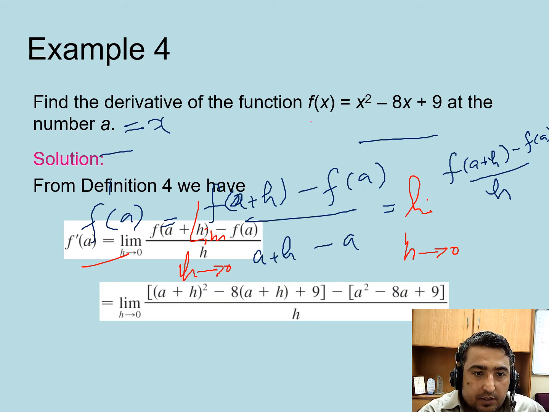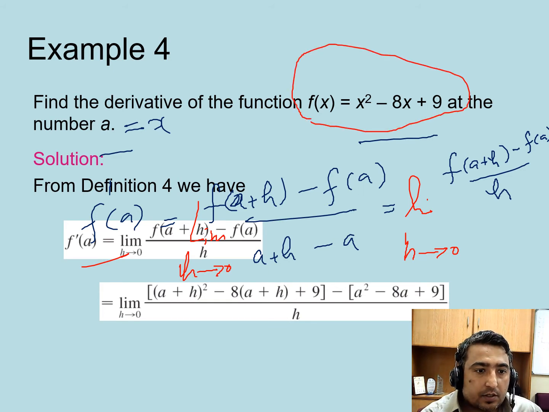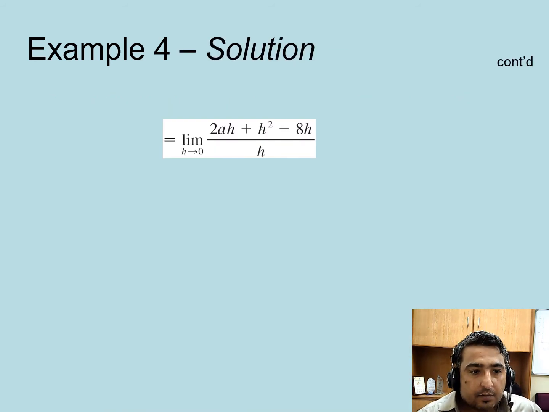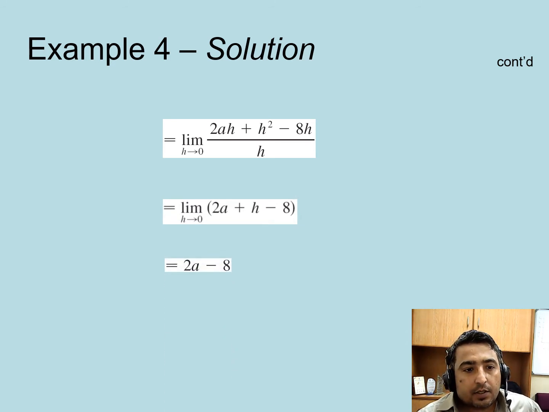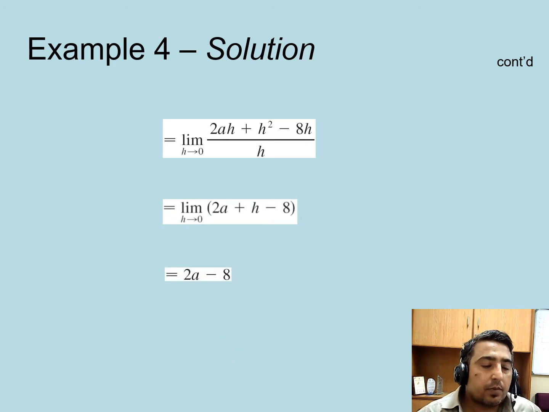Now this is the definition of finding a derivative. Using this function in this definition and a couple of simplification steps, we get this one, again taking h common, and so the denominator h will disappear. Now 2a plus h minus 8, and applying the limit h goes to 0, we get 2a minus 8.